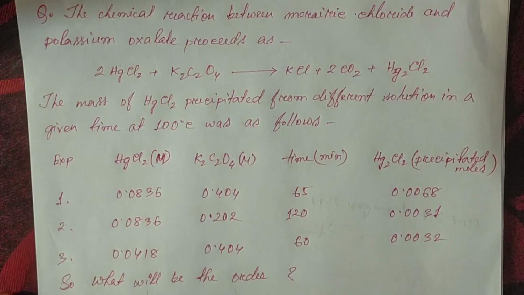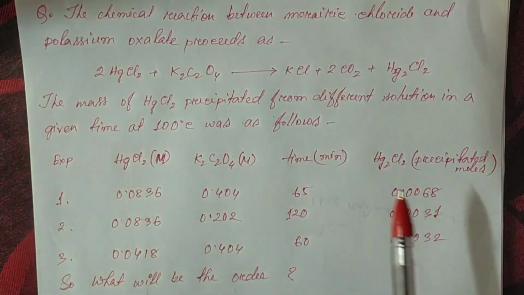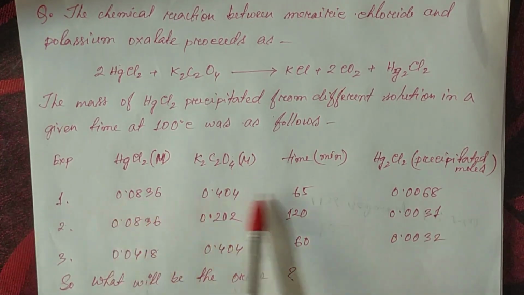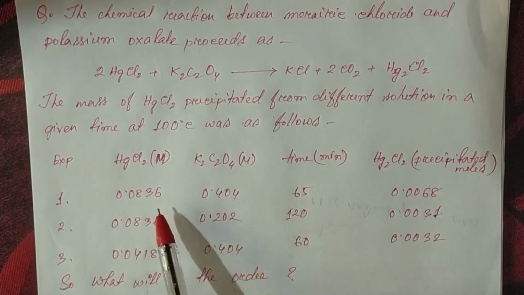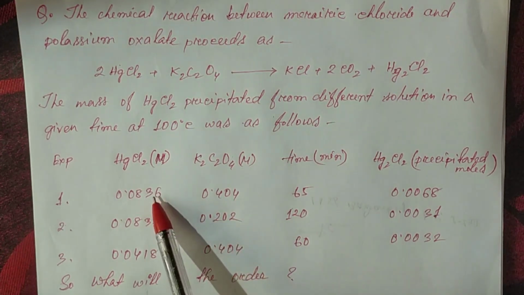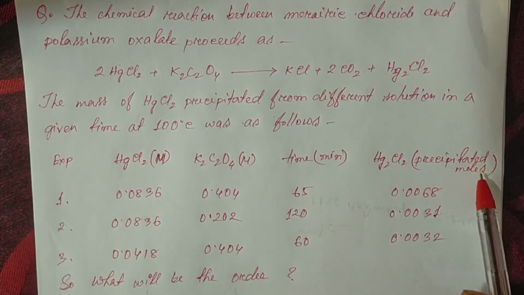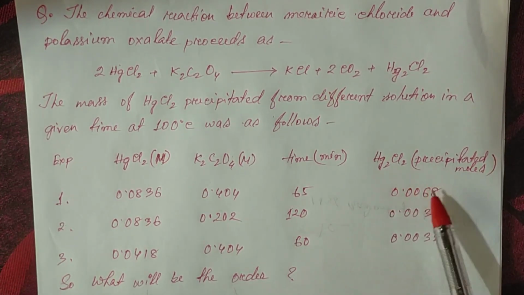Okay, now let's solve a problem. In this question, the chemical reaction between mercuric chloride and potassium oxalate proceeds as shown. The mass of Hg2Cl2 precipitated from different solutions in a given time at 100 degrees Celsius was as follows. These are the three experiments, the concentrations are given in each experiment, and this is the precipitated moles of Hg2Cl2.